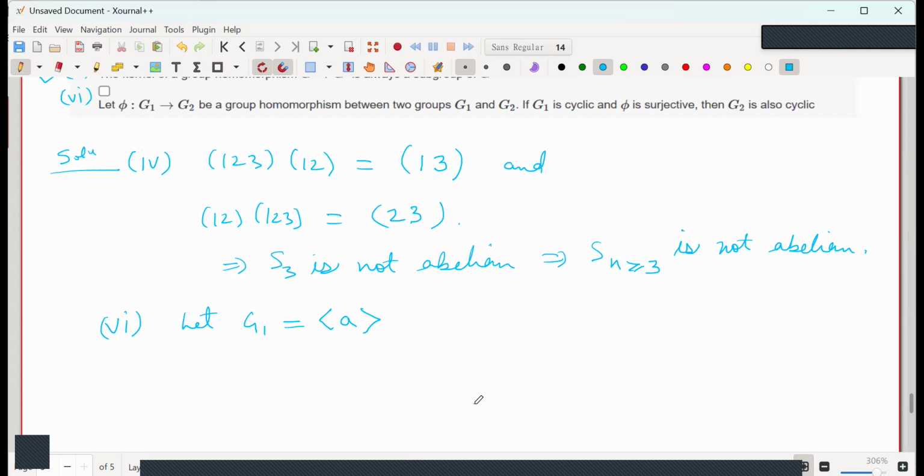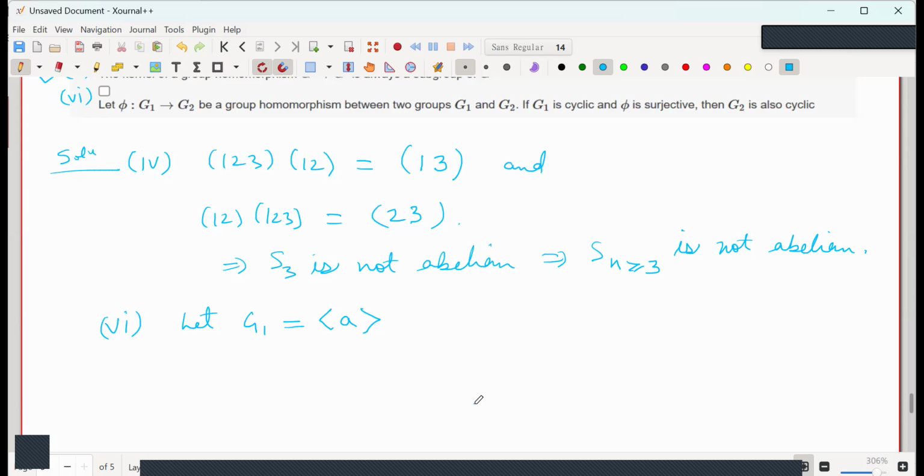Can you tell me what should be the generator?